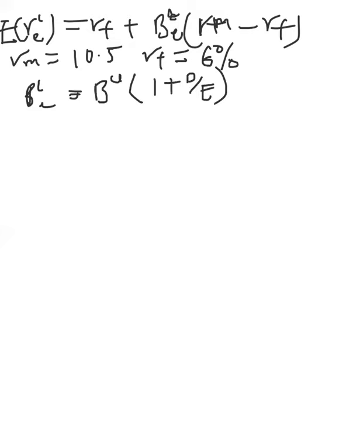So beta of equity leveraged is equal to 0.83, because in the question the beta of the unleveraged firm is 0.83, into bracket 1 plus the debt to equity ratio of 1.5.